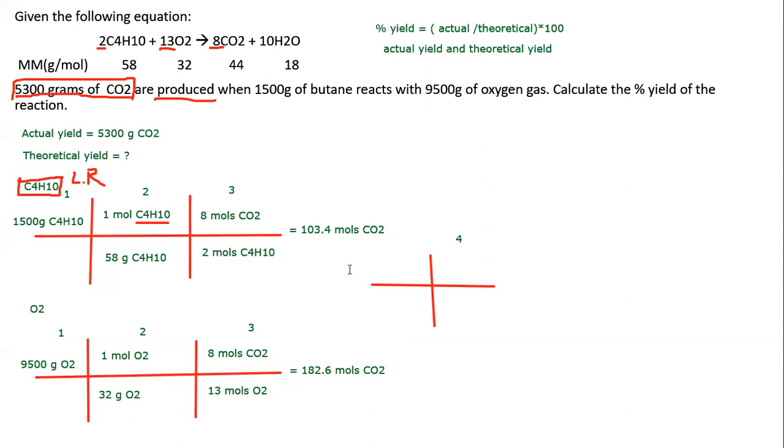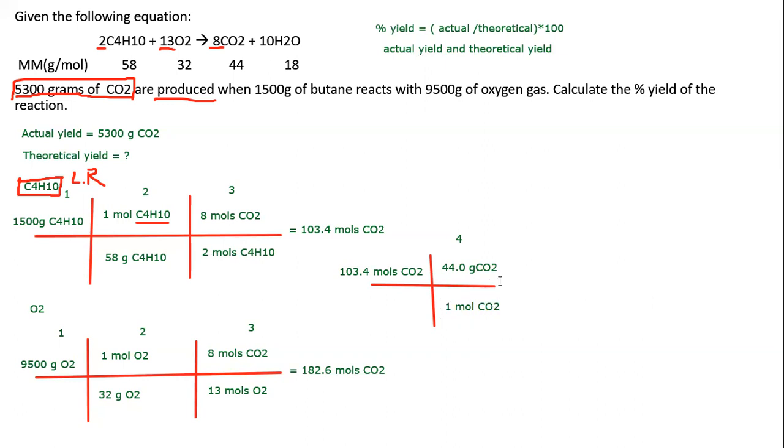So now we're ready to convert this to mass. So here we put our moles of CO2 produced by the limiting reactant. In slot 4 is the molar mass of the product. Here the mass goes on top and the moles go on the bottom.